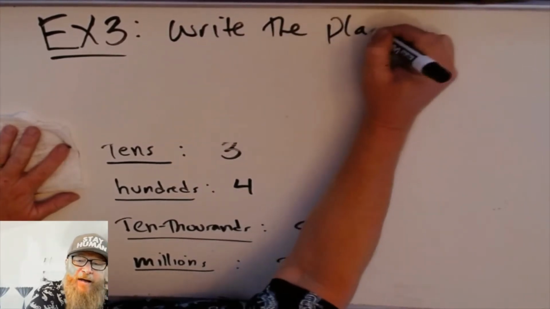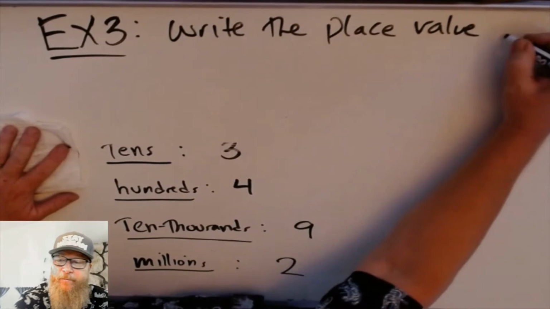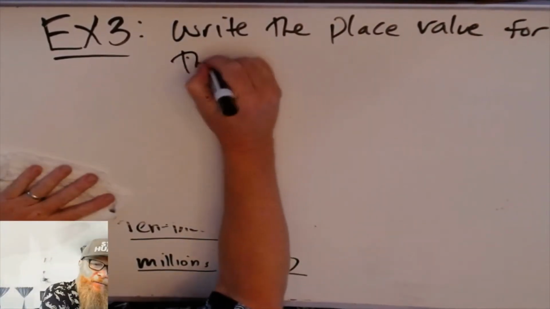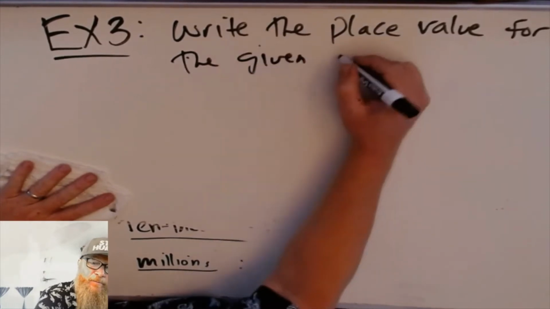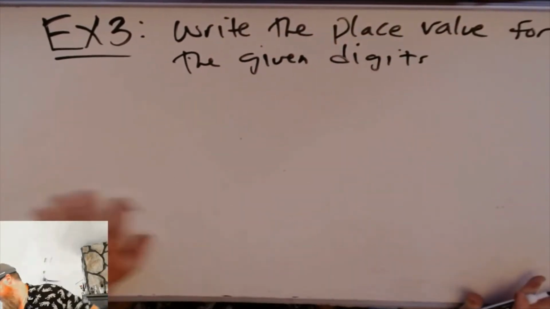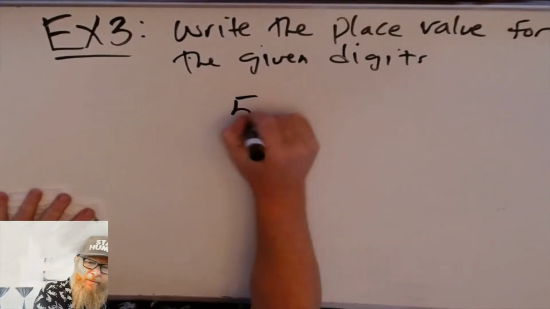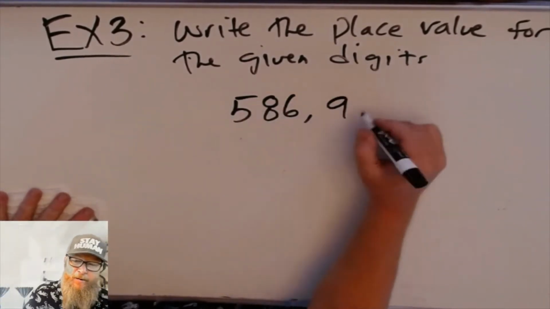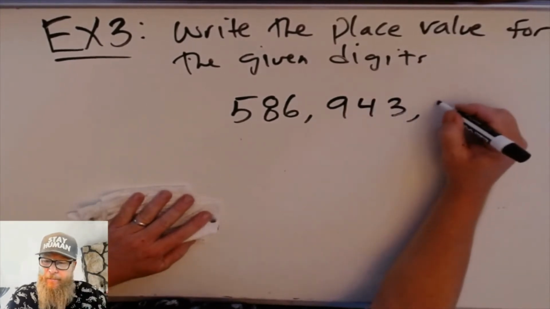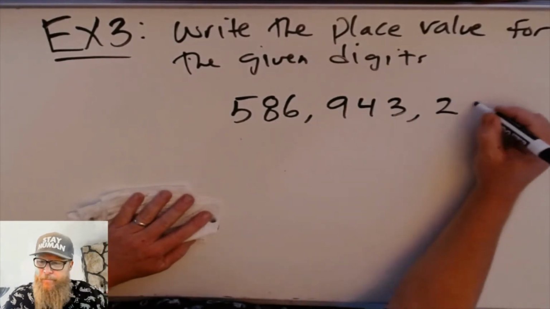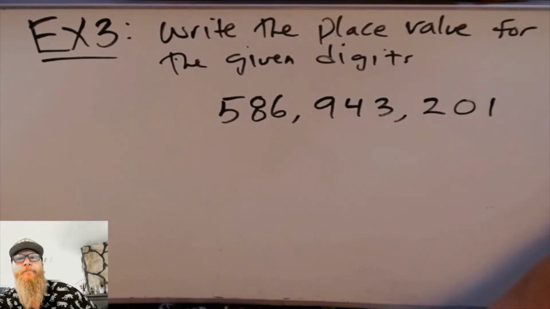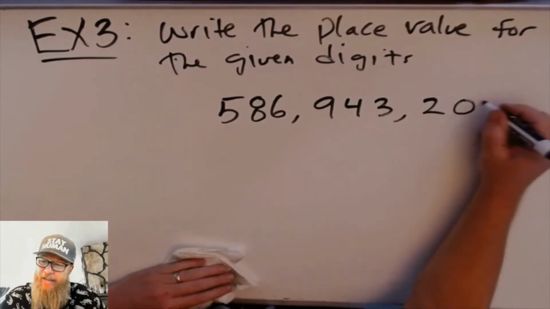Write the place value for the given digits. It's a 7, but it doesn't really matter.